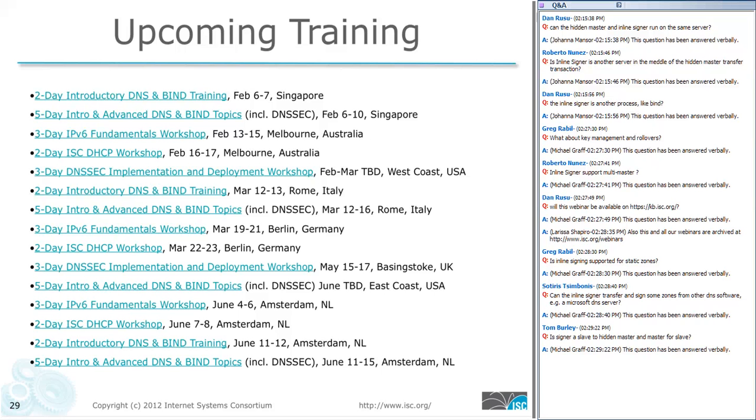There's a 2-day introductory BIND course, which covers all your basic operational needs around BIND, but is not a DNSSEC course. Then we have a 5-day introductory and advanced DNS and BIND course, which has the introductory part, that's the 2-day class, but then it has a further advanced session, which includes DNSSEC and also some other more advanced BIND-related topics. We do also have a 3-day DNSSEC implementation and deployment workshop.